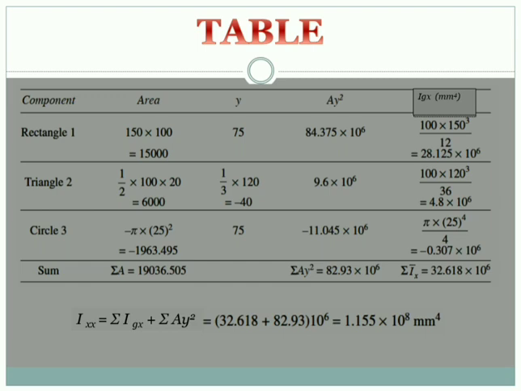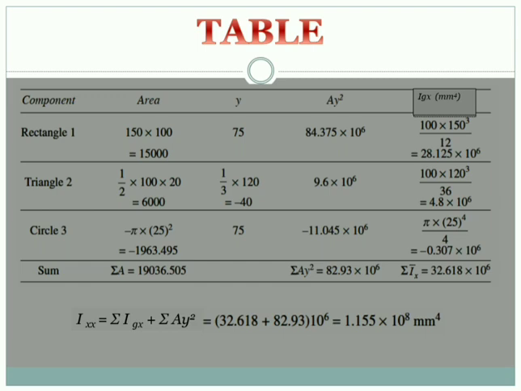Firstly, for the rectangle we have used the formula bd cube by 12. Then for the triangle, as the base of the triangle is itself the reference axis, we have used the formula bh cube by 36. Then for the circle our formula is pi r raised to 4 by 4, and it comes with a negative sign as it is a cutout section and that much of the mass we are removing from the system.